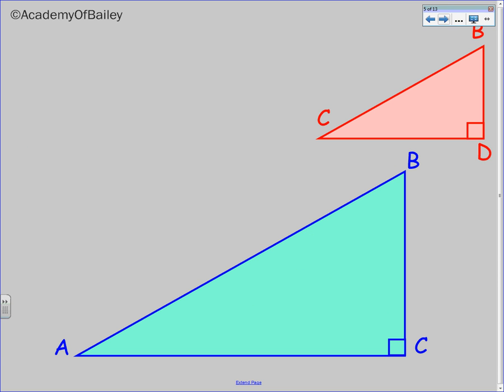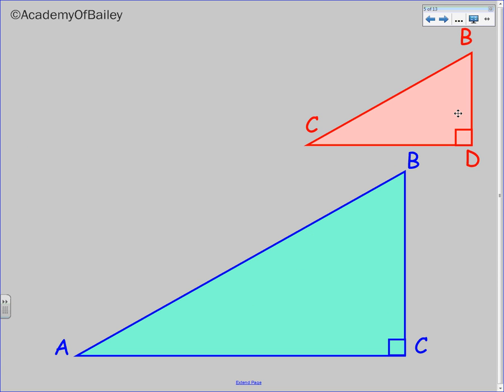Now let's look at these two triangles. What do you know here? Well, right angles are congruent, right? And you also know this angle B happens to be this angle B. And so, once again, you know that triangle ABC is similar to triangle CBD.